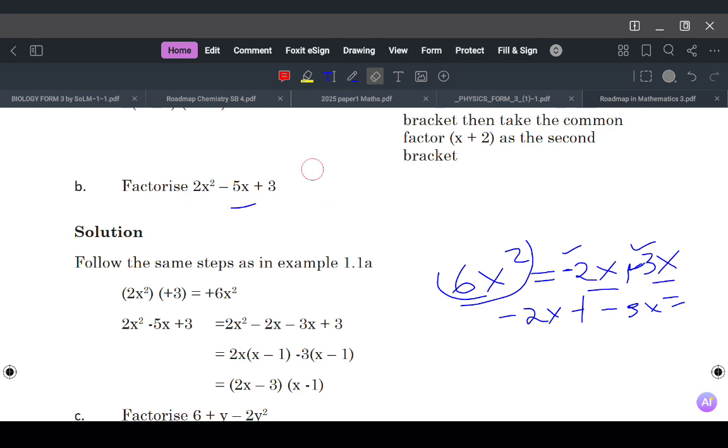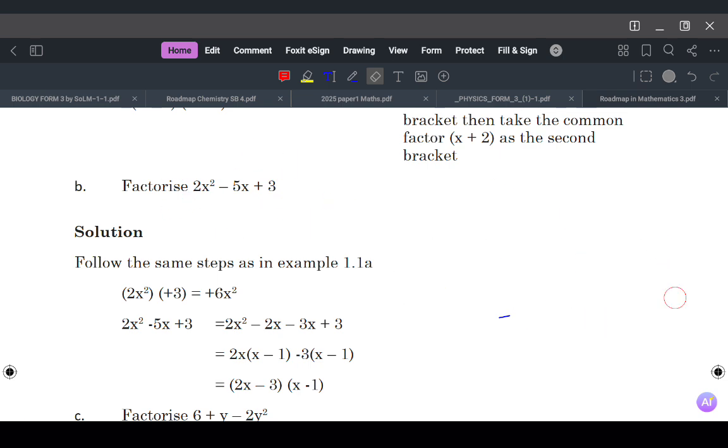So in this case, we can now rewrite: 2x squared minus 2x minus 3x plus 3. Then you group these together, you have 2x squared minus 2x.